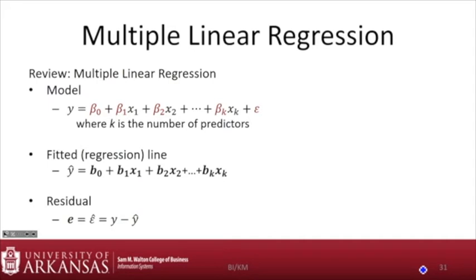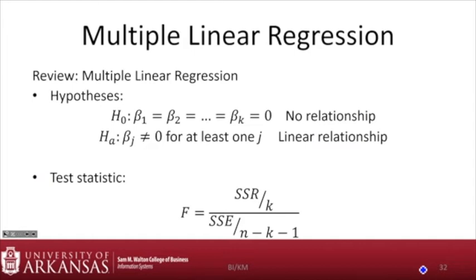So, really quickly, this is exactly what we did last semester, so just a very brief overview. We have our model. We talked about the residuals, where we're comparing our actual value to our predicted value. We had the hypothesis that we were testing: is there a linear relationship or not?